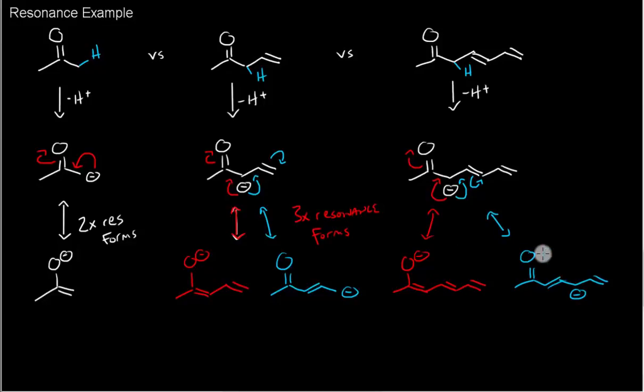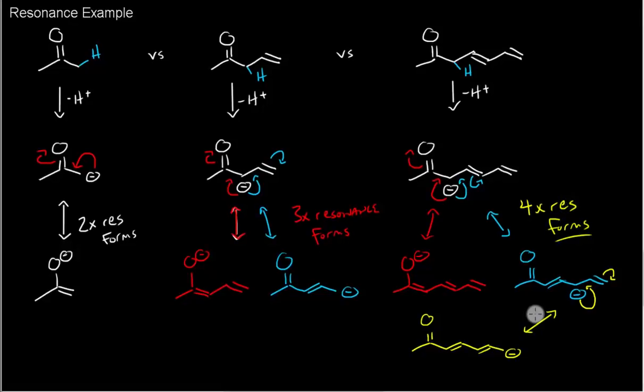And then after we've drawn the blue resonance forms, hopefully it's obvious that if we push electrons the first time onto this middle carbon, we can do basically the exact same thing. And then if we count the total number of resonance forms for the molecule on the right, we have 1, 2, 3, and 4 total resonance forms.